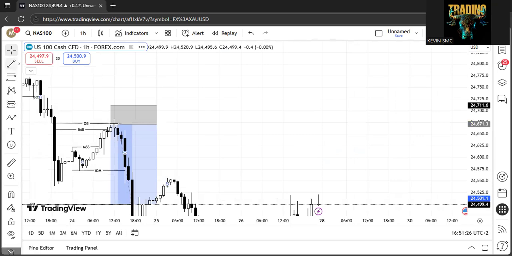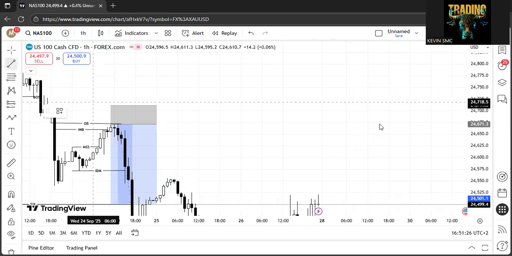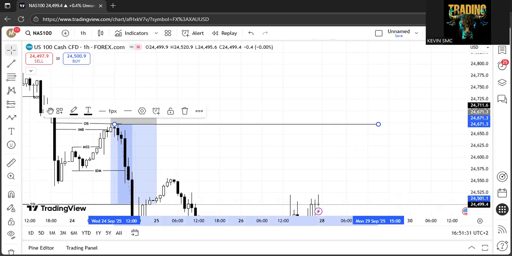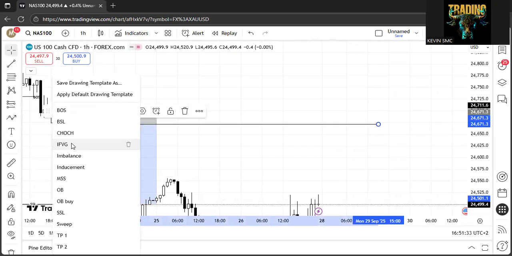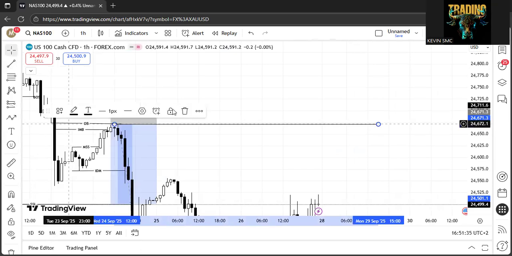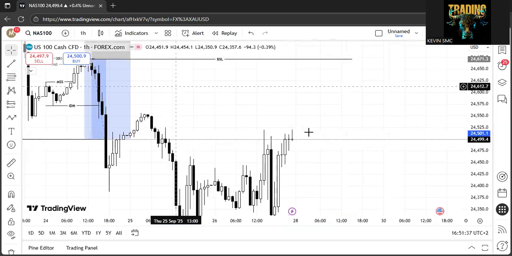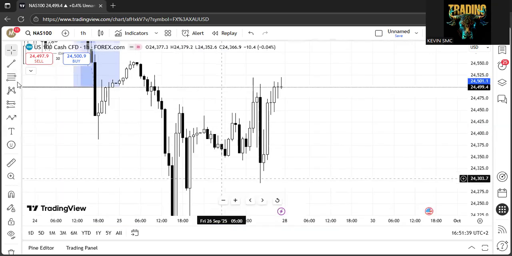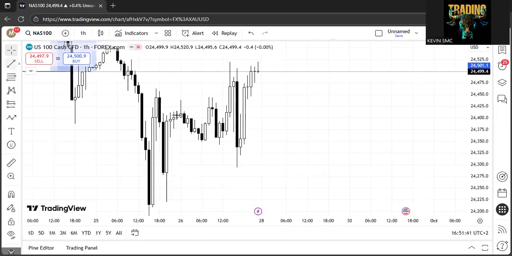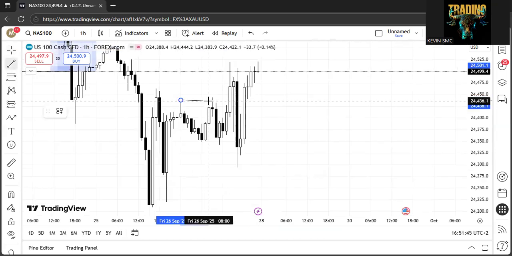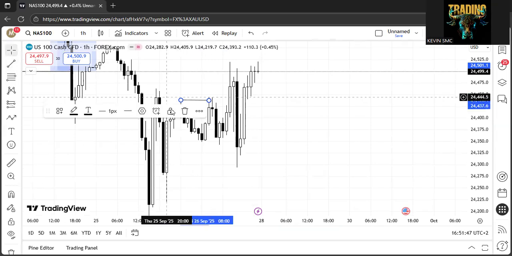So let me go ahead and mark our buy side. This is our buy side liquidity, and then here we got our first change of character, and we're given the entry on the inducement.